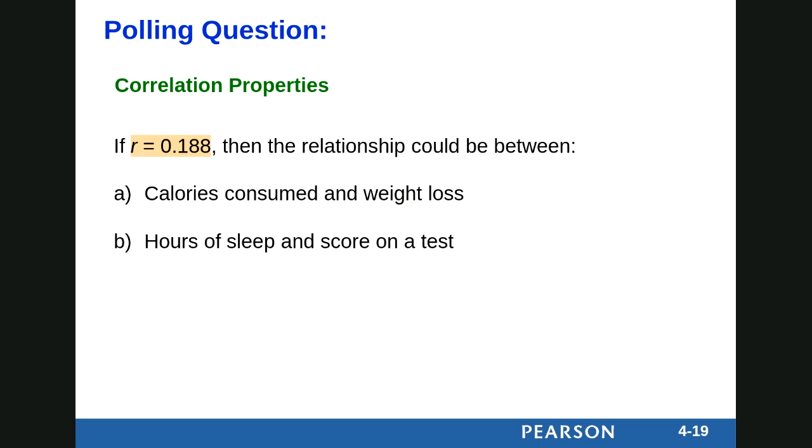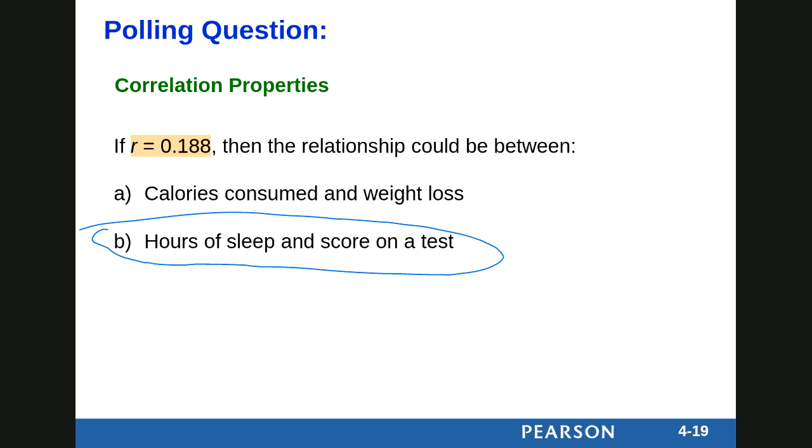So, who wants to explain why you didn't choose A? Okay, so I chose B because 0.188 infers a positive correlation, but a weak positive correlation. Agreed. Therefore, when you sleep a lot, your score on a test should be higher.